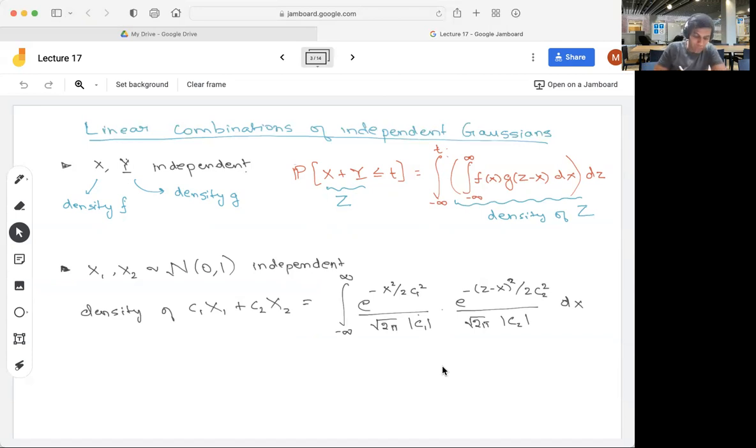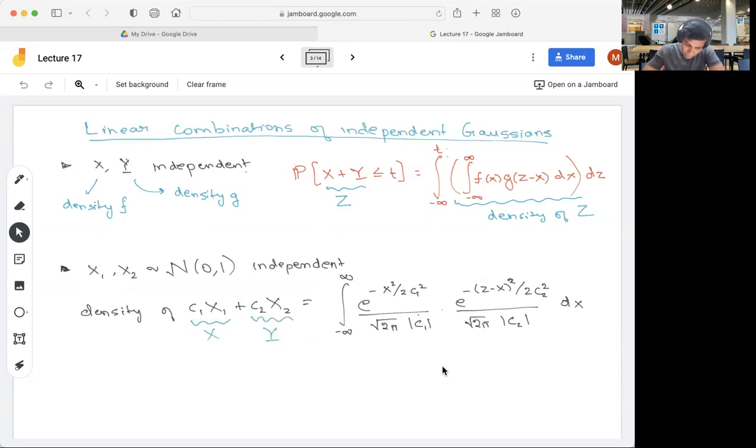So let's say we have a standard Gaussian x1 and a standard Gaussian x2, and now we are interested in the linear combination c1 x1 plus c2 x2. So let's call this x, and let's call this y.